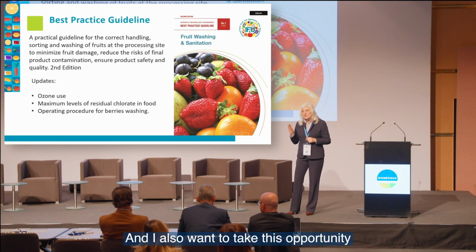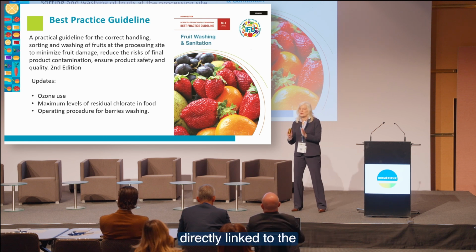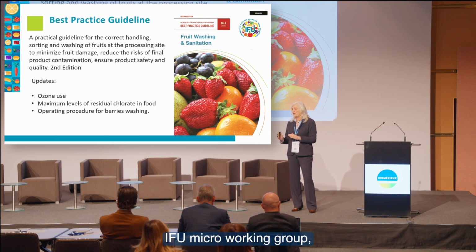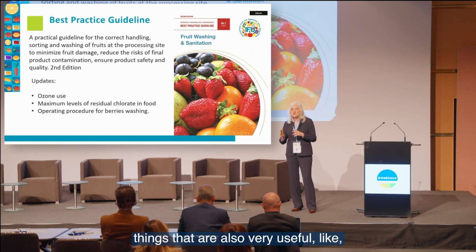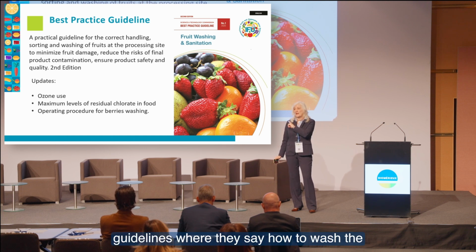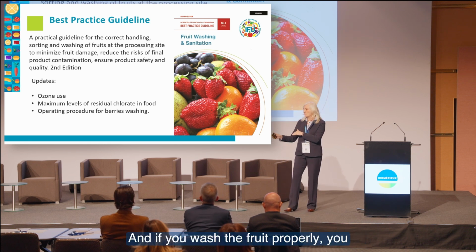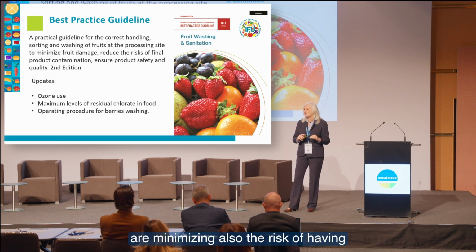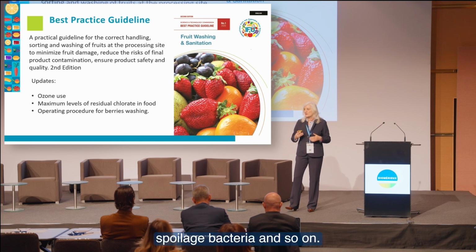And I also want to take this opportunity to mention that despite they are not directly linked to the IFU micro working group, some other working groups are developing things that are also very useful, like, for example, these best practice guidelines, where they say how to wash the fruit before processing. And if you wash the fruit properly, you are also minimizing the risk of having contaminations, spoilage bacteria, and so on.